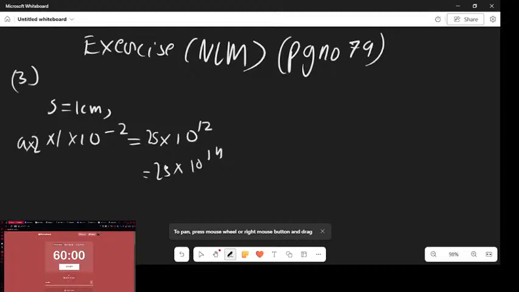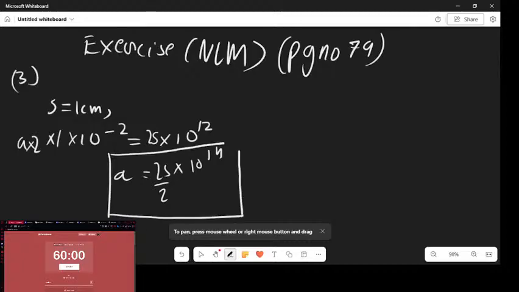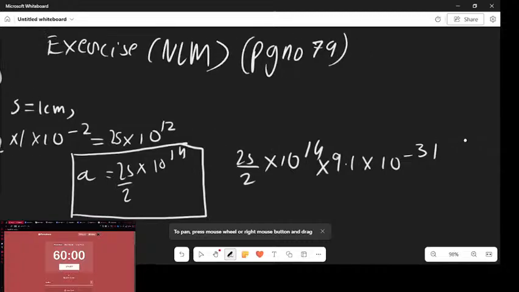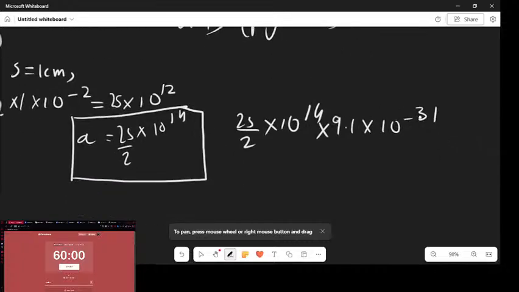Then force is 25 by 2 into 10 to the power 14 into 9.1 into 10 to the power minus 31.